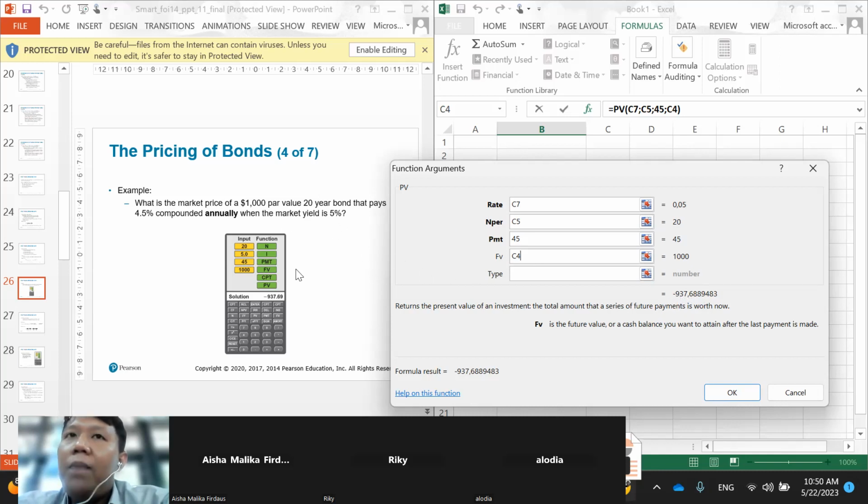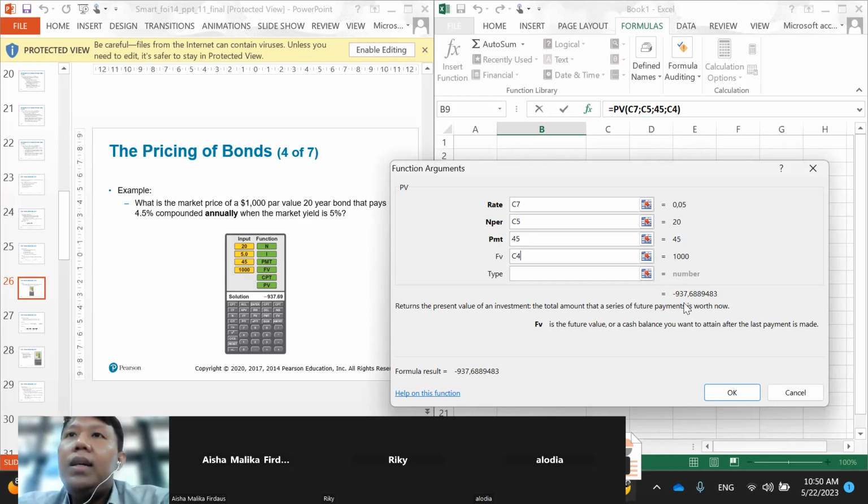So if you have a bond giving you a face value of 1,000 US dollars, maturing in 20 years, with a coupon of 4.5% while the market yield is 5%, you see that the price of that bond is 937.7 US dollars.